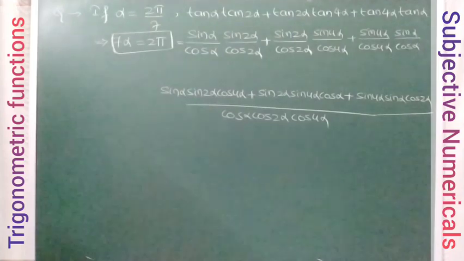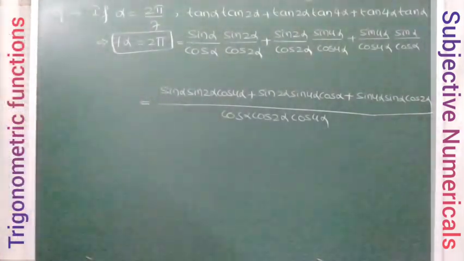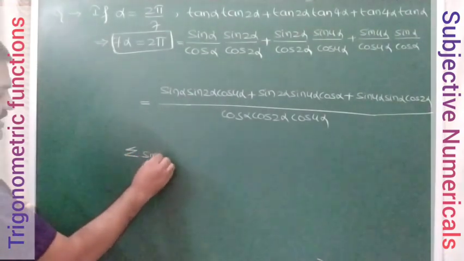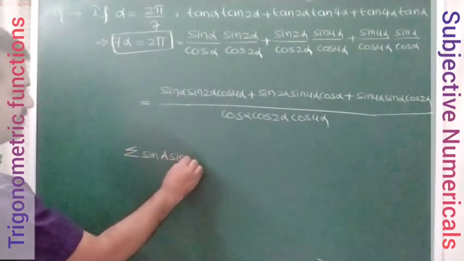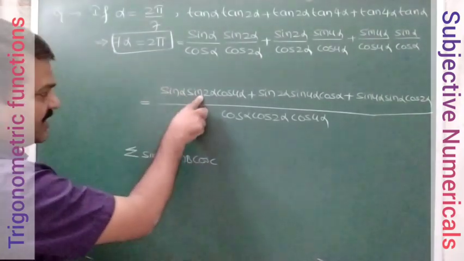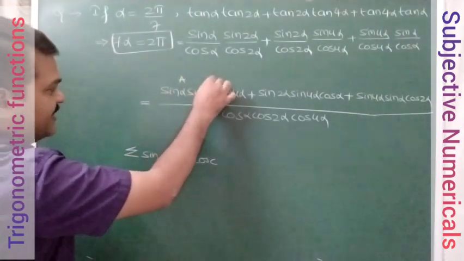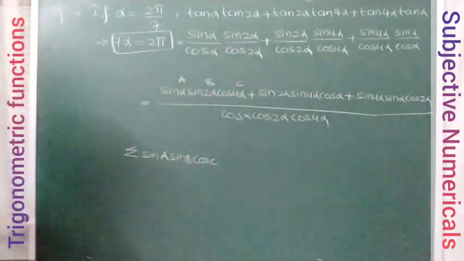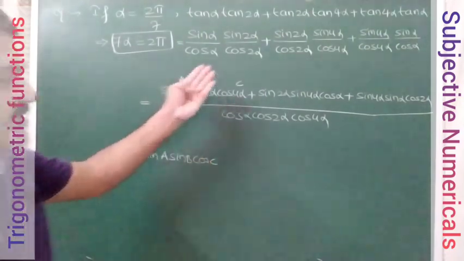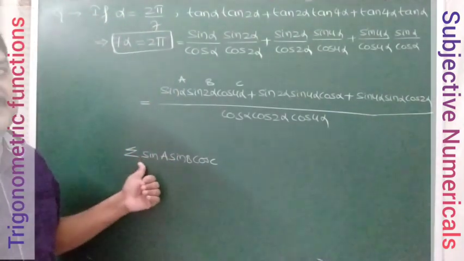So if you observe carefully, the numerator is actually in the form of sigma sin A, sin B, cos C. So treat this as angle A, this as angle B, this as angle C. So sigma sin A, sin B, cos C, three terms taken in symmetric form, this model you will observe.